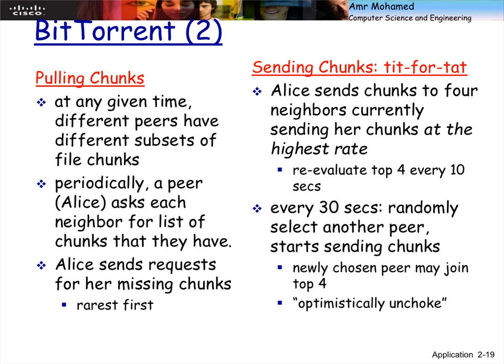In pulling chunks, I need to know, for example, chunk number 10 exists with only one peer. Chunk number 11 has 10 peers, or 10 peers have it. Then I should start with chunk number 10, the rarest. Why?